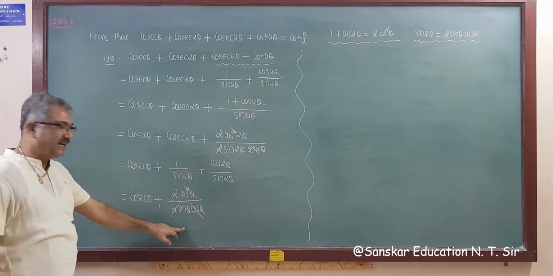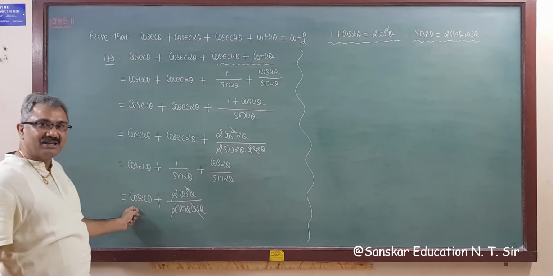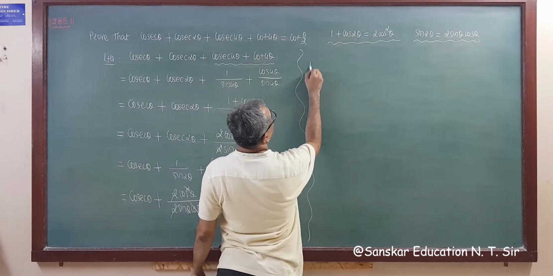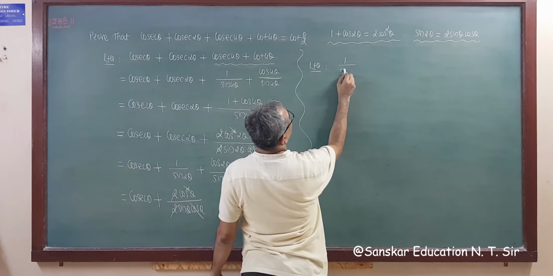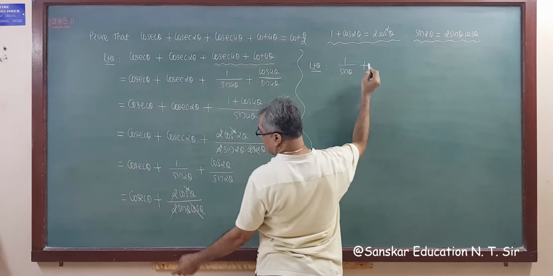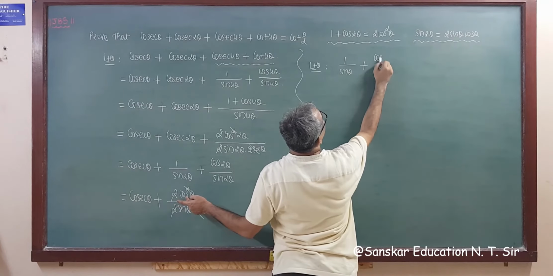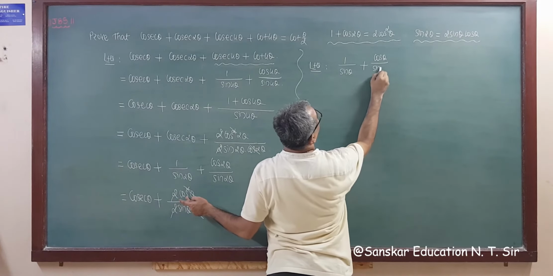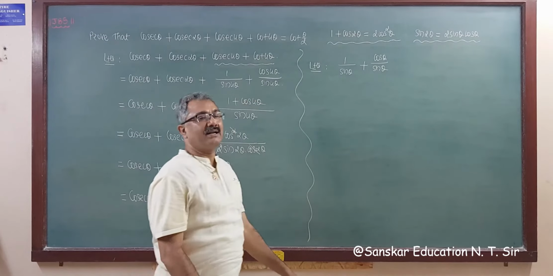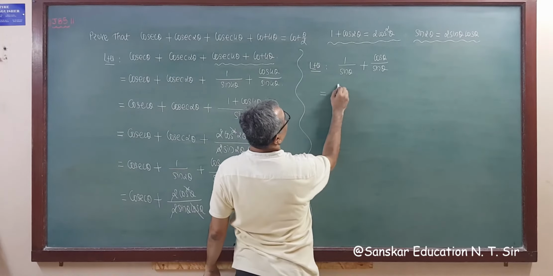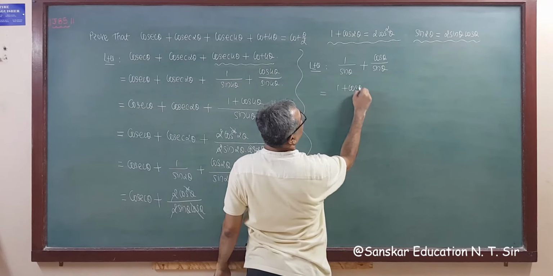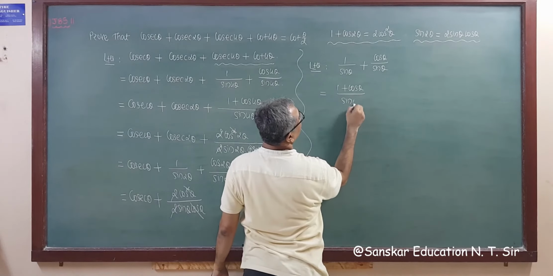Again cos upon sin, so we need to change this into sin. So this is equal to, left hand side continue, this is 1 upon sin theta, and this is cos theta upon sin theta. Now 1 plus cos theta upon sin theta.